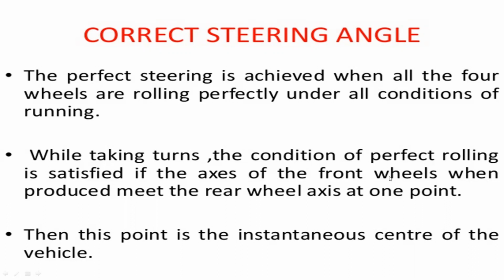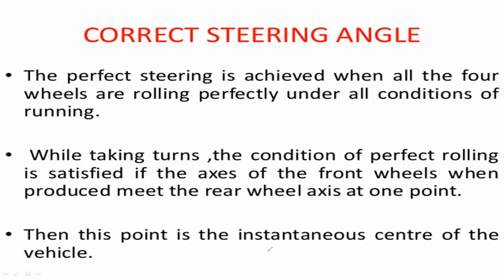If the axes of the front wheels, when produced, meet the rear wheel axis at one point, then the axes of the front wheels should meet with the rear wheel axis at that one point. I will show the diagram of how they should meet.